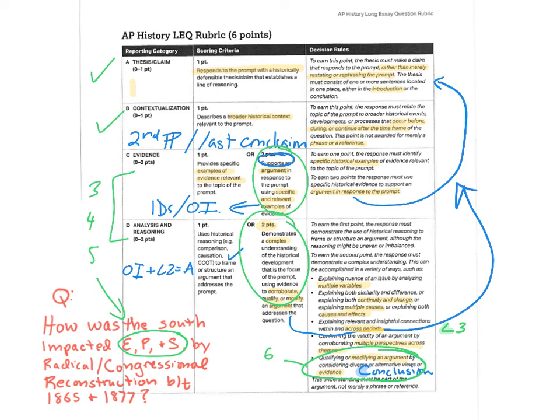Now, you have about 35 minutes to write this thing. Okay, so let's just say you take 7 minutes per paragraph. That's going to be 5 paragraphs. So that I would say is the standard.